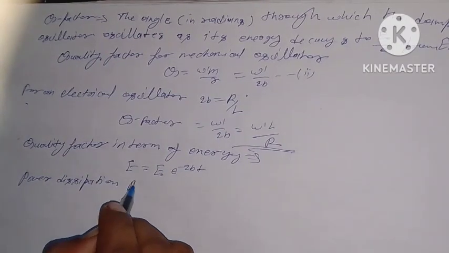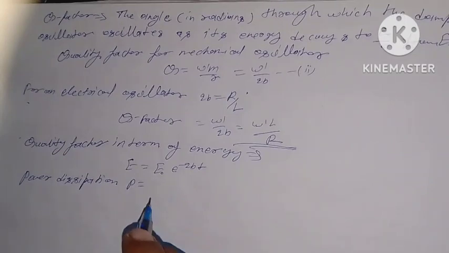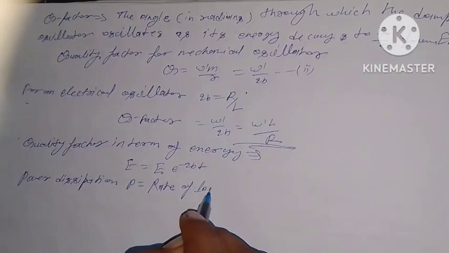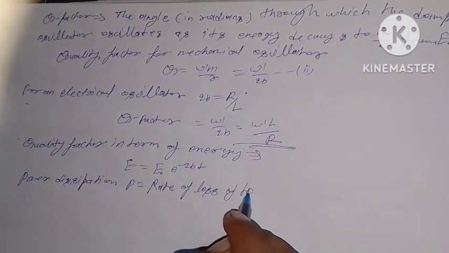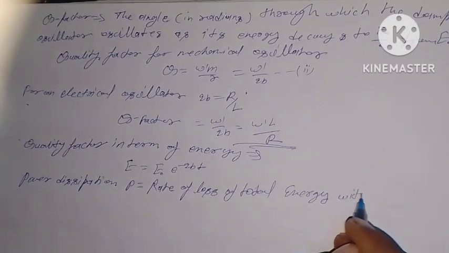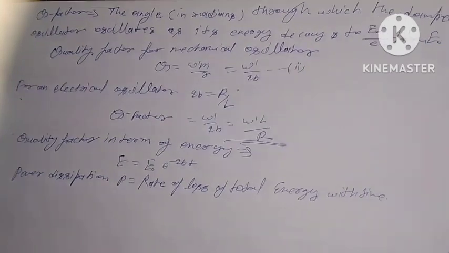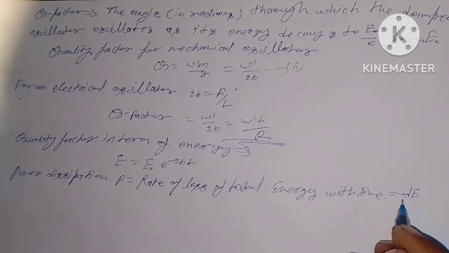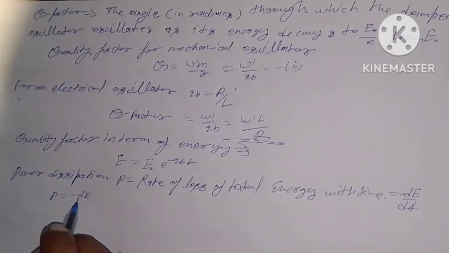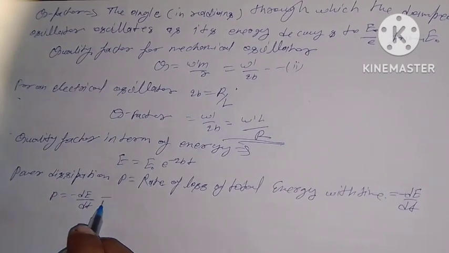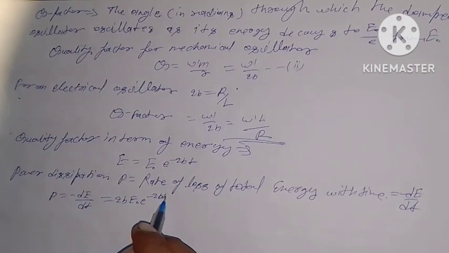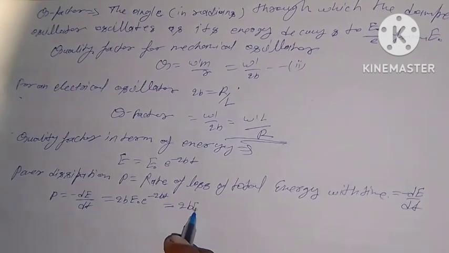Power dissipation P, the rate of loss of total energy with time, is given by P equal to minus dE by dt, that is 2b E naught e to the power minus 2bt, that is 2bE.